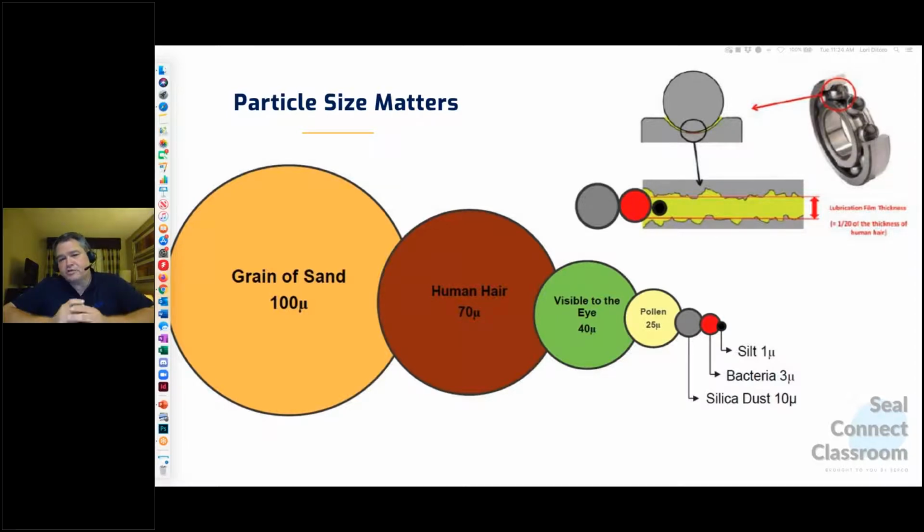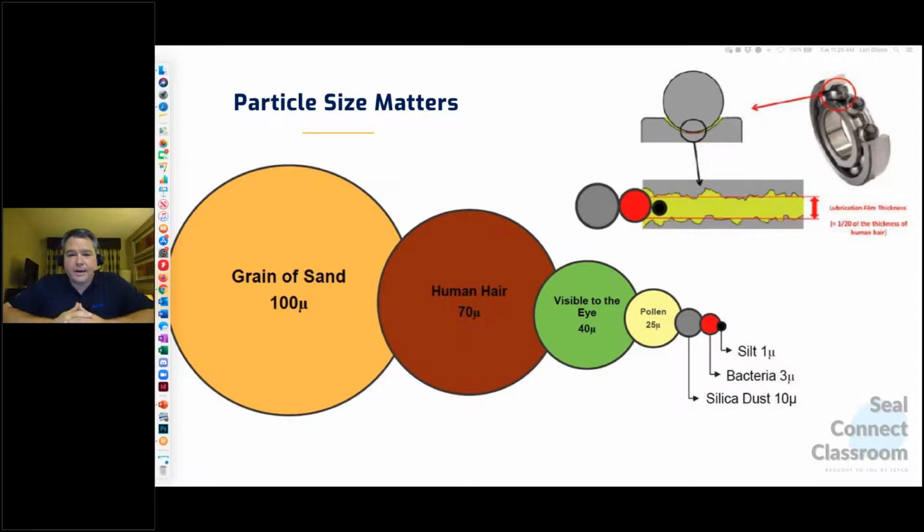If you wanted to try to understand what 40 microns looks like, take a fine ink pen and a clean white sheet of paper and try to make the smallest dot that you can make on that sheet of paper and still see it, and that is roughly 40 microns. You can keep trying, and when it's just visible and not visible, that's about 40 micron.